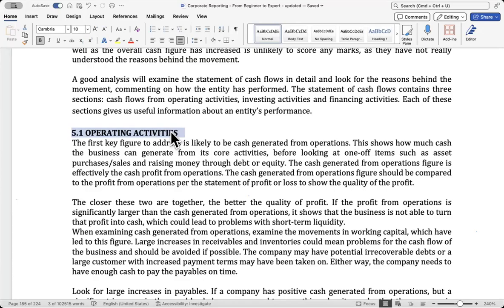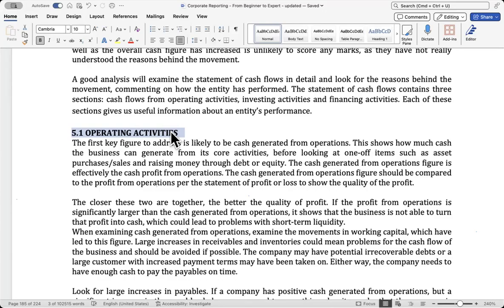When you see a company having increased receivables, increased payables, increased inventory, if all of these items are increasing speedily, it might be an indication of overtrading or overcapitalization.